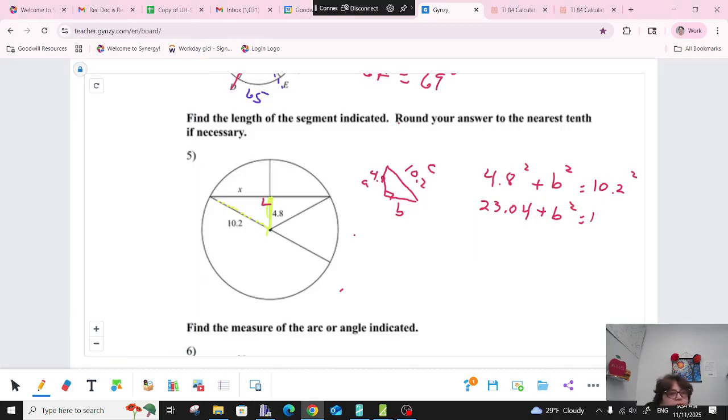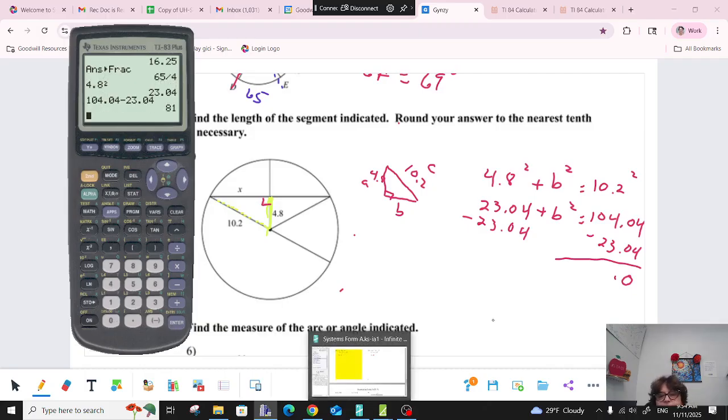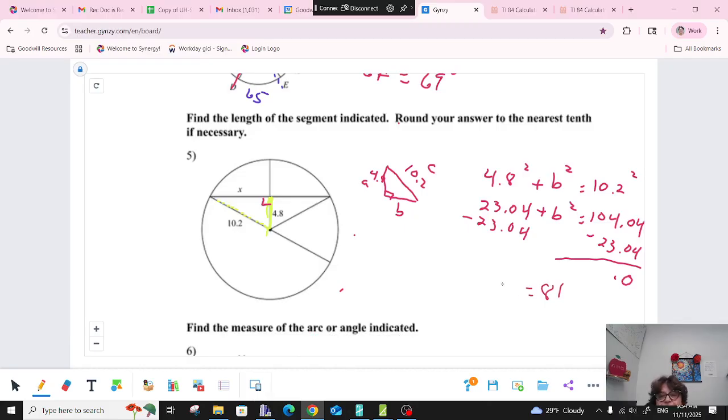What is it? 104.04. I'm going to have to subtract because they're on opposite sides of the equal sign. Or I can just subtract it here. 104.04 minus 23.04 is equal to 81. Oh, that makes it easy. Because what's the square root of 81?